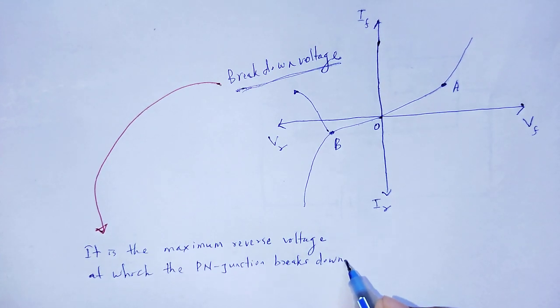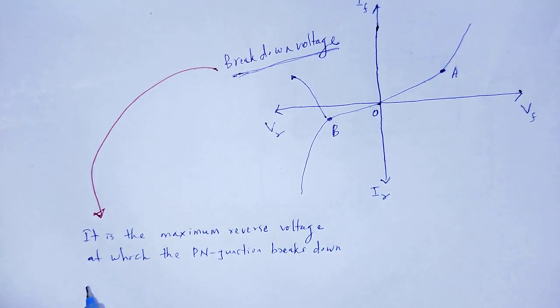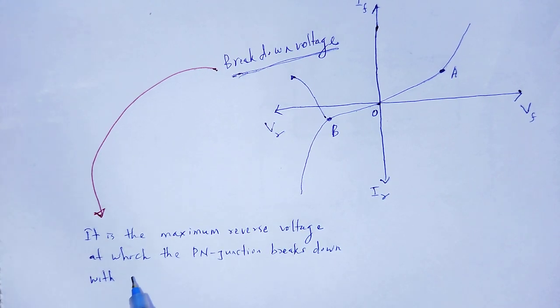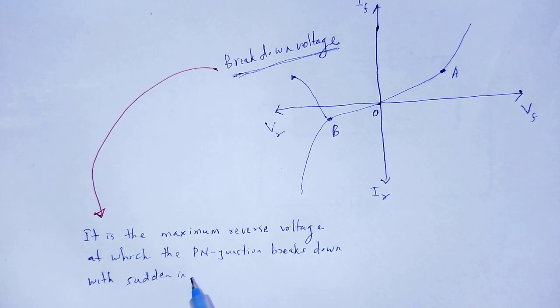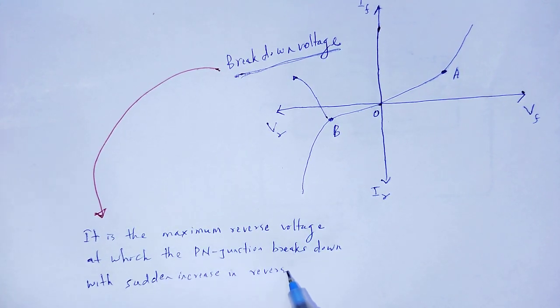The p-n junction breaks down with a sudden increase in reverse current.